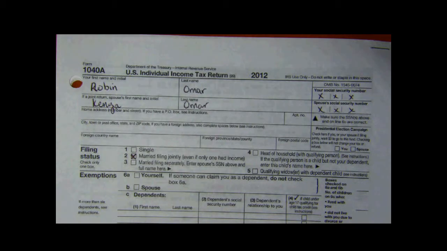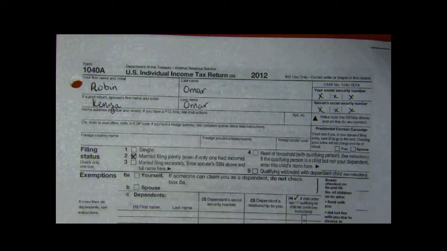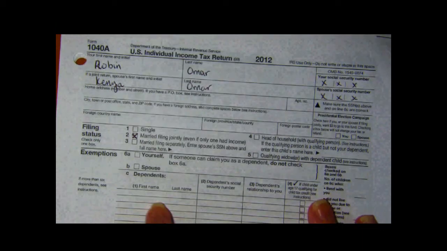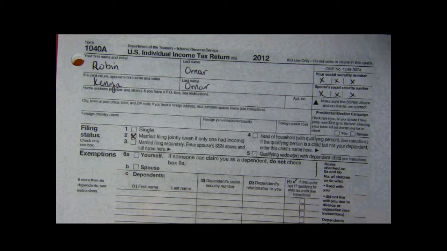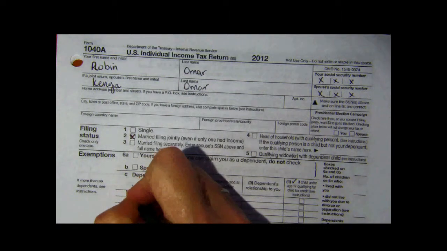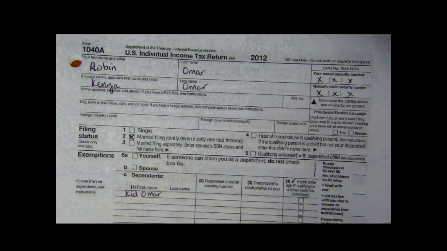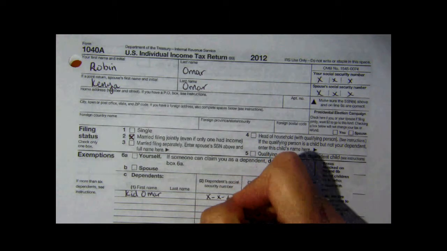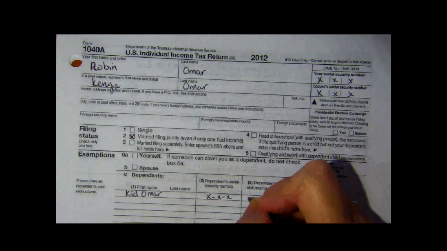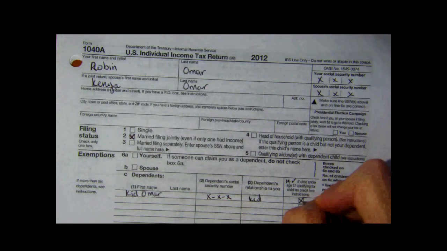And they have one child. Now, we didn't get the child's name, but the child's name and social security number will need to go on the real tax form when you're filling out your actual taxes and you have a kid. So they were very creative, and they made their kid: Kid Omar. He's their kid.